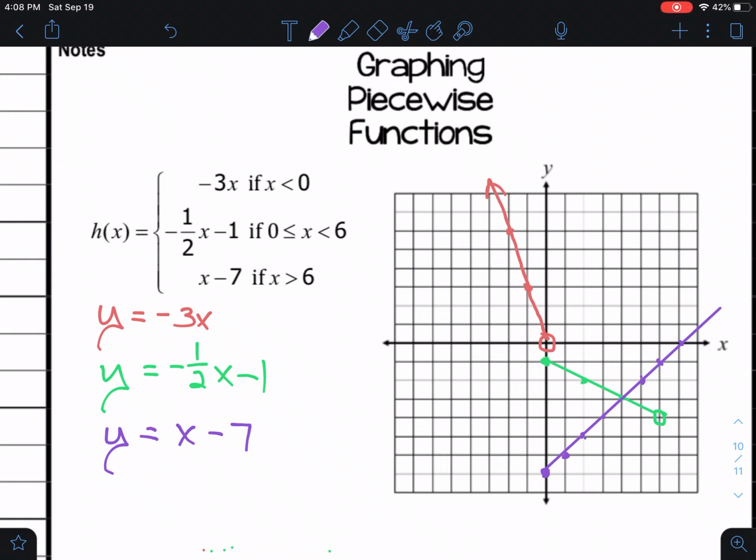Okay. Now, I want to keep everything that says when x is greater than 6. So where the heck is that? Let's see. 1, 2, 3, 4, 5, 6. 6 is this line right here. So I want to keep where that line intersects the purple graph. I want to keep everything to the right of that, greater than 6. So I'm going to erase everything to the left.